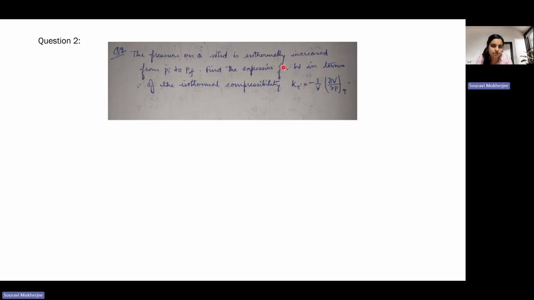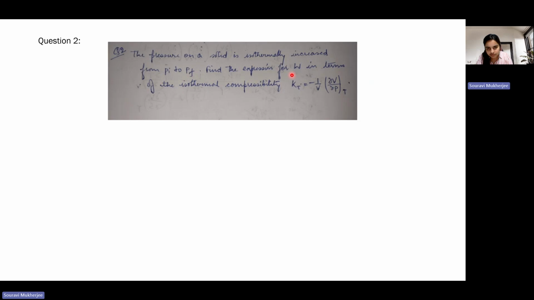So the expression of isothermal compressibility is provided to you. You have to find the expression for work done while the initial and the final pressure are given, right? So where do we start? Let us see, you have to make use of this expression, right?